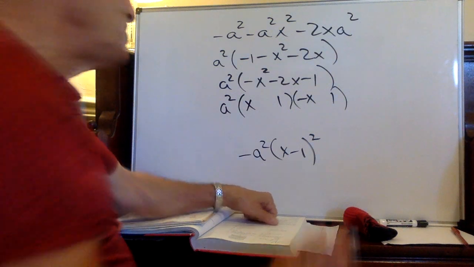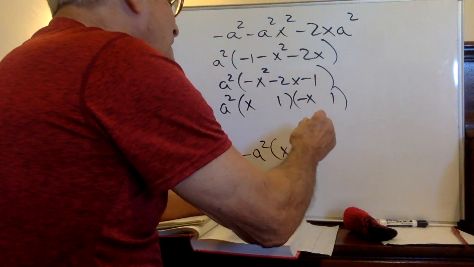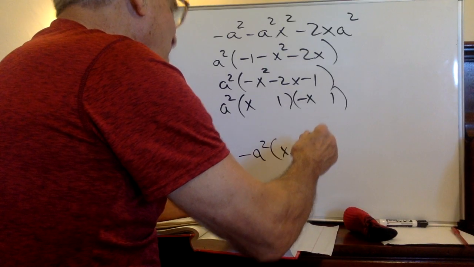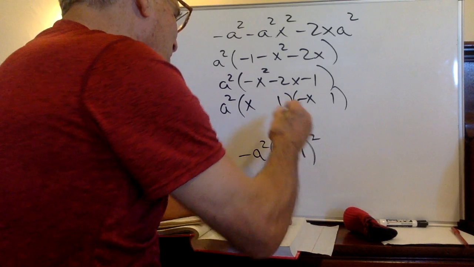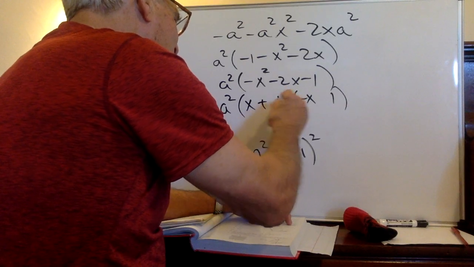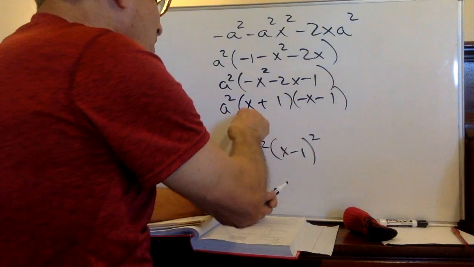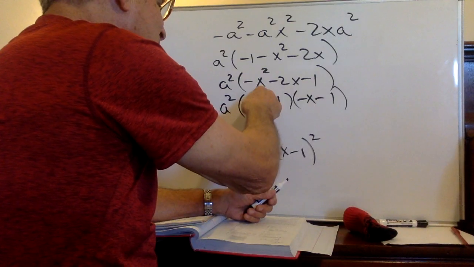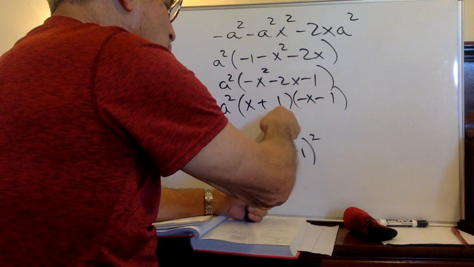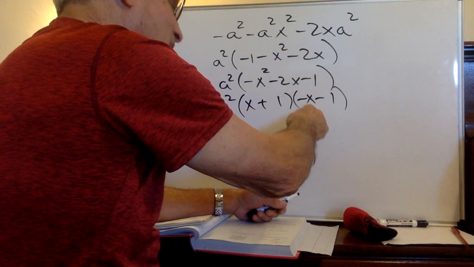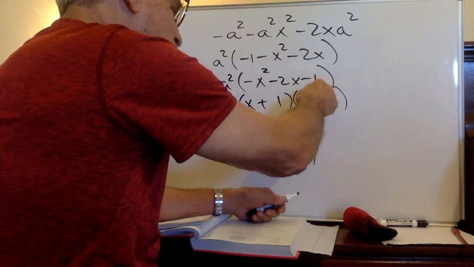And since the last term's negative, I've got to have 1 positive, 1 negative. Does that work? X times negative x is negative x squared. X times negative 1 is negative x. 1 times negative x is negative x, minus 2x. 1 times negative 1 is negative 1.